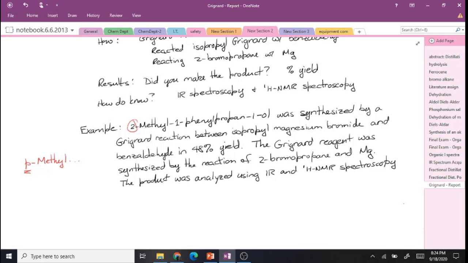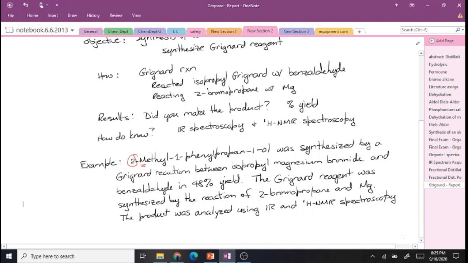Again, that is not capitalized, but the first letter of the name is. And so the M for the methyl is capitalized. Likewise, for this example here, that M is capitalized. Since the 2 is part of the name, it is okay to use that as the beginning of a sentence. We don't start sentences with numbers, but this is not considered a number. This is considered part of a name.